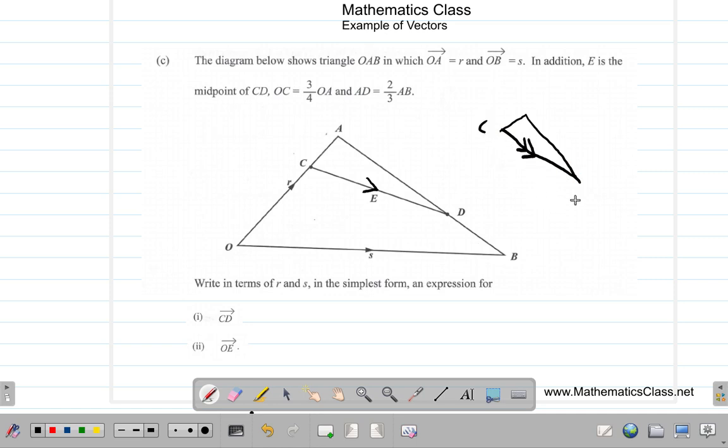If you imagine this to be C and this to be D and this A, I don't want to crowd this diagram too much, so I take this apart and put it over here. You see that? Make sure you follow. Now, going from C to D, you can walk or run from C to D. But if you go from C to A, then A to D, you end up the same place.